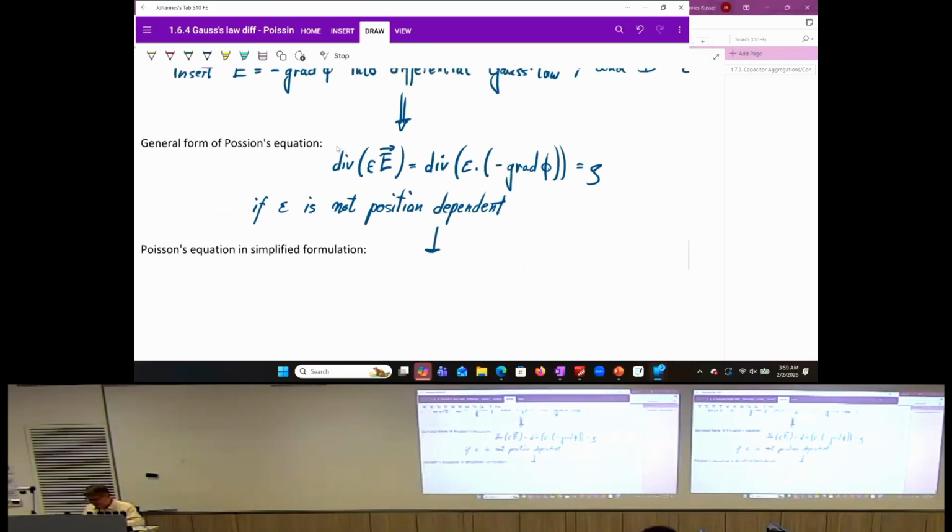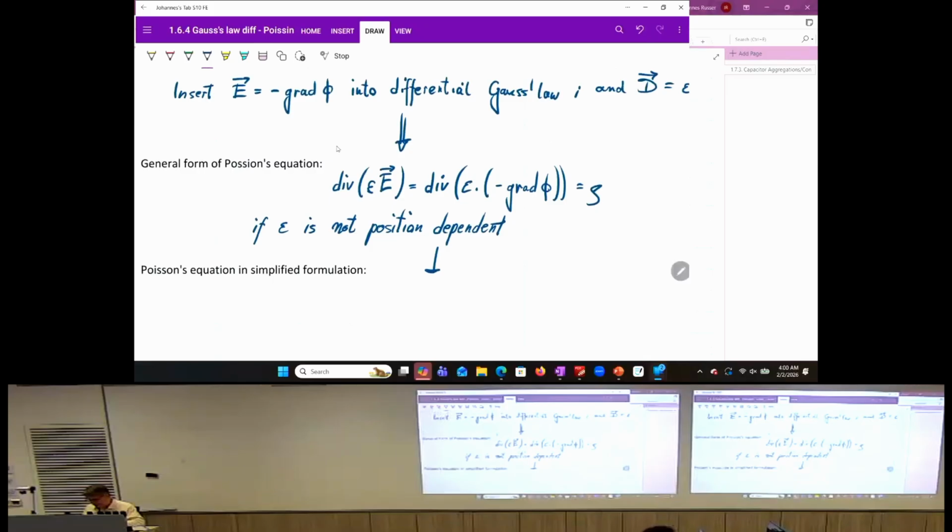So what we've seen here is Gauss's law in differential form: the divergence of the displacement field is equal to the charge density. We inserted for the displacement field the permittivity times the electric field, and for the electric field we took the minus gradient of phi.